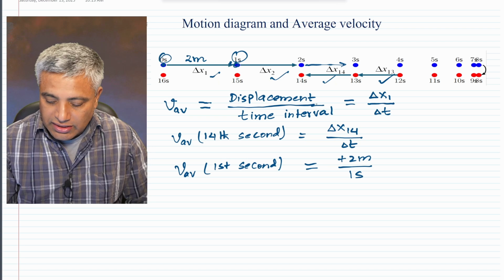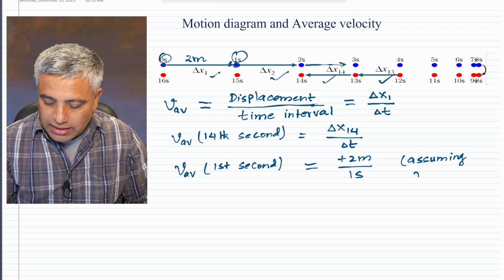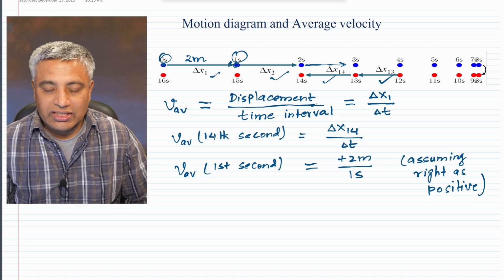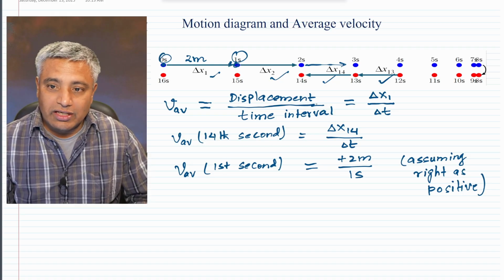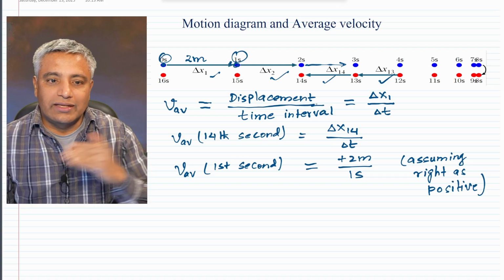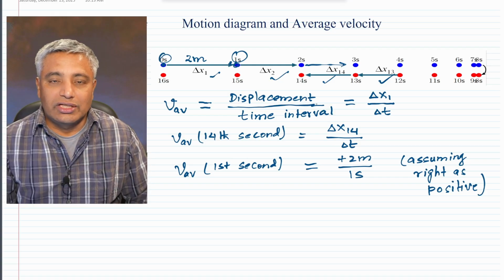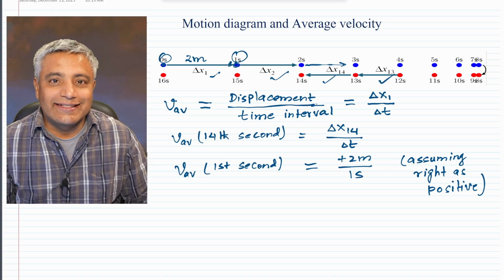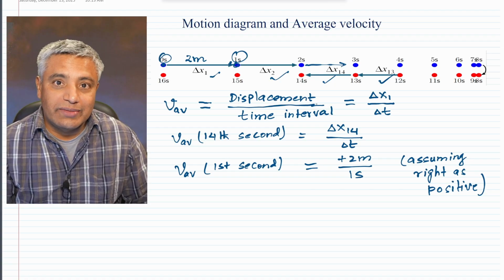I am assuming right as positive. And remember, this is an assumption. We could choose left as positive. There is nothing wrong with that. Often we choose up as positive and right as positive, but any direction could be positive. So here, the positive sign represents the direction of this displacement vector.